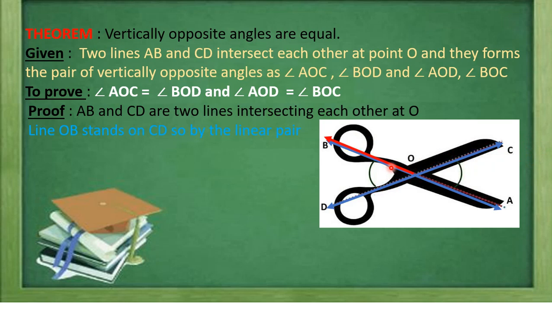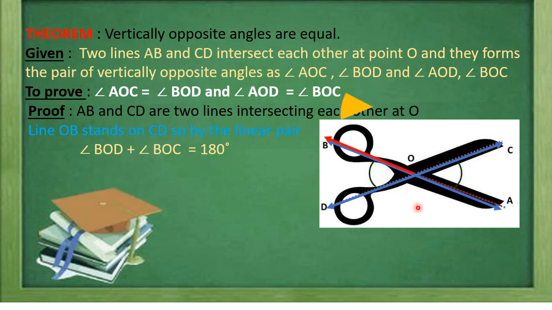If the sum of the two adjacent angles is 180 degrees, then the pair of adjacent angles is known as a linear pair. So here we observe that this line DC and this line OB make a linear pair.